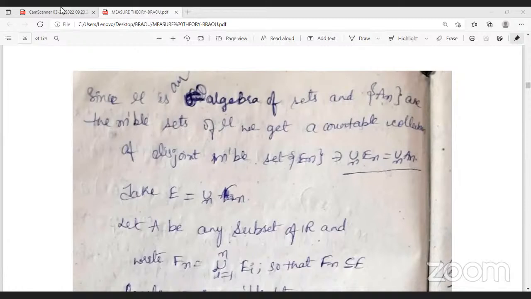Substitute here m of Fn, and from equation 1 the left hand side is m of E1 minus m of E. Substitute on the right side: summation n equal to 1 to infinity m of En minus m of En plus 1.